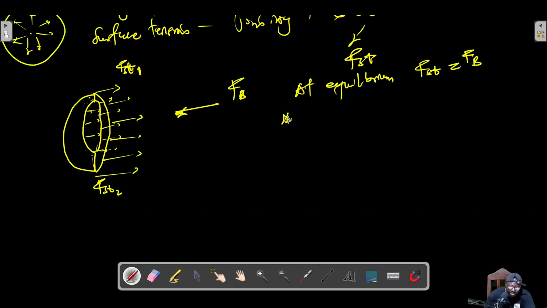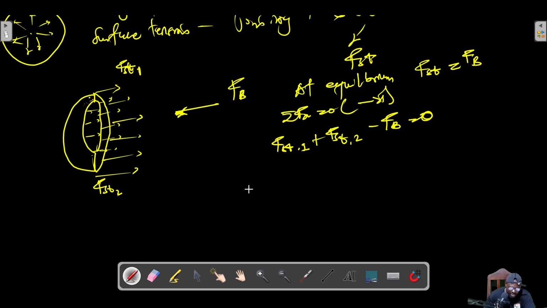So applying the equilibrium conditions, the sum of all forces along the x-axis is equal to 0, taking the forces to the right as positive. So now we'll have the first surface tension force acting perpendicular to the first interface, plus the second surface tension force acting perpendicular to the second interface, minus our bursting force.